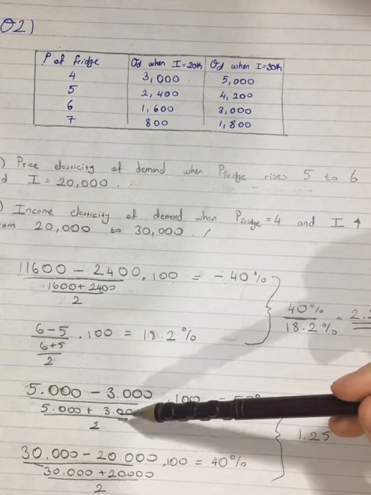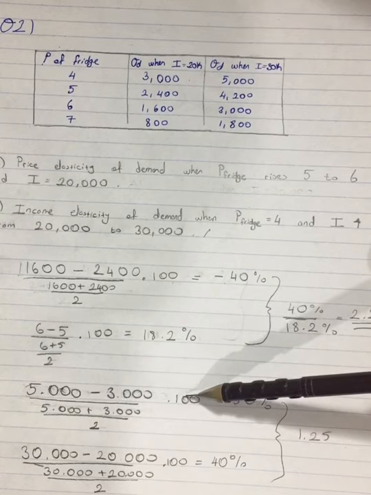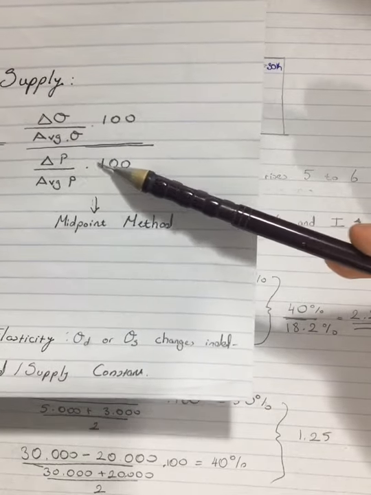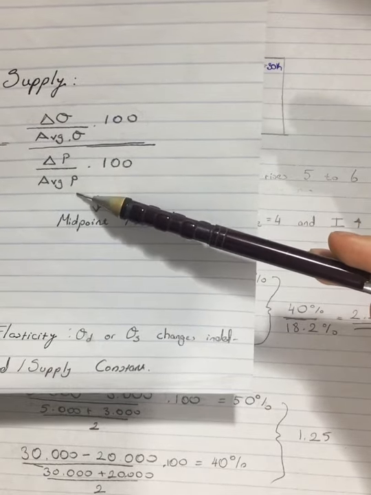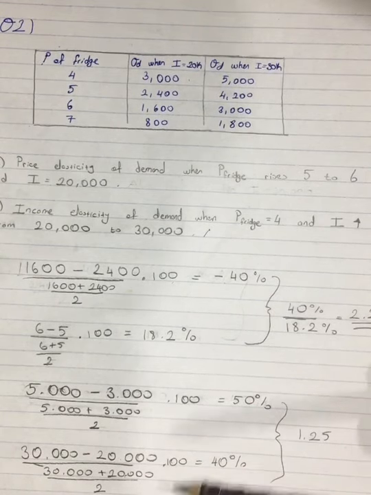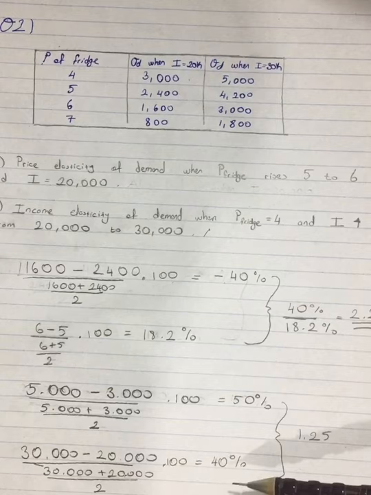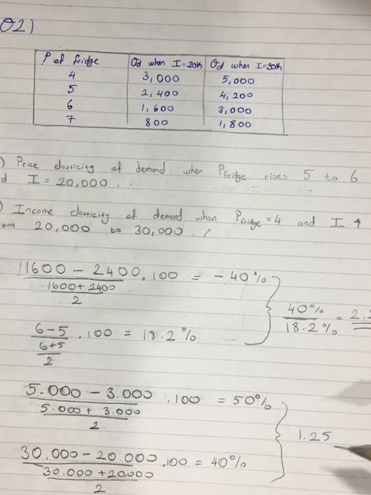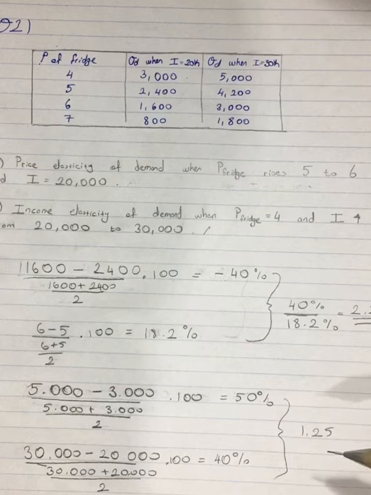We sum this up and divide by 2, times 100. At the bottom, instead of price, we use income: the change in income over average income. What's the change in income? It's 10,000 over the average income times 100, which equals 40%. When we divide these, it equals 1.25, which is the income elasticity of demand.